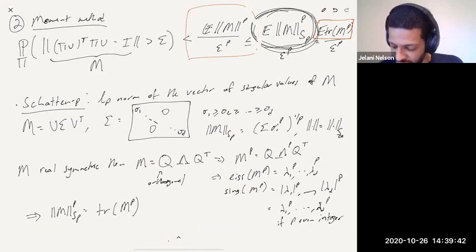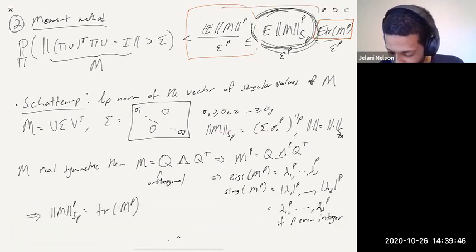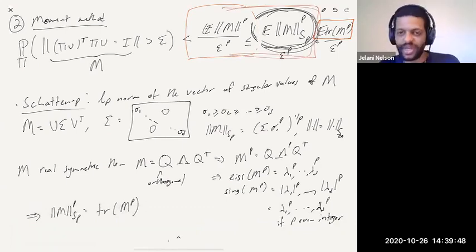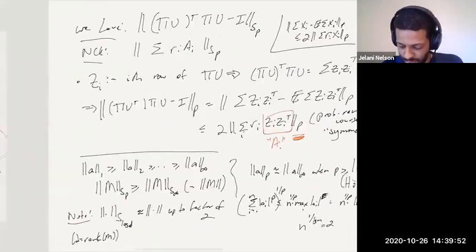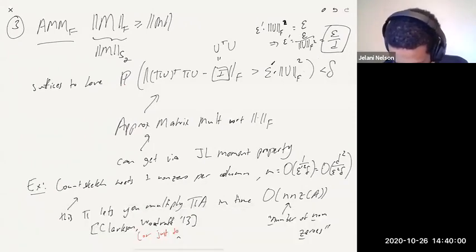The moment method where you move to Schatten norms. And just take the second moment. So I'll write, or just do the moment method on the second moment, P equals 2.